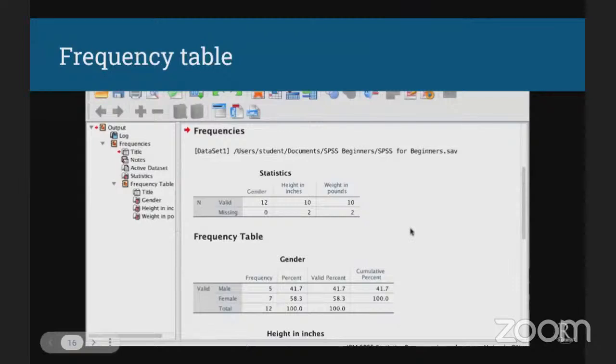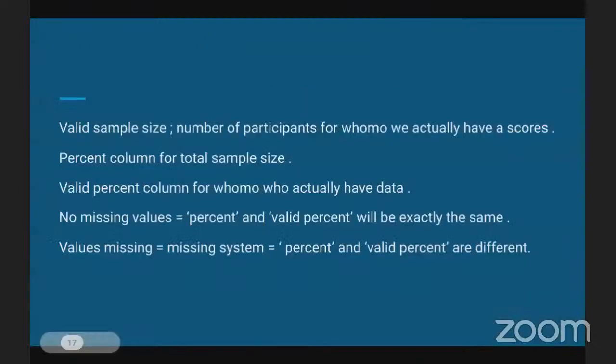Here, what I said: the valid sample size is the number of participants for whom we actually have a score, and the percent column is for the total sample size, and the valid percent column is for those for whom we actually have data. When we don't have missing values, like for gender, the percent and the valid percent will be exactly the same. But when we have a missing value, something else shows up called Missing System, in which the percent and the valid percent are different.